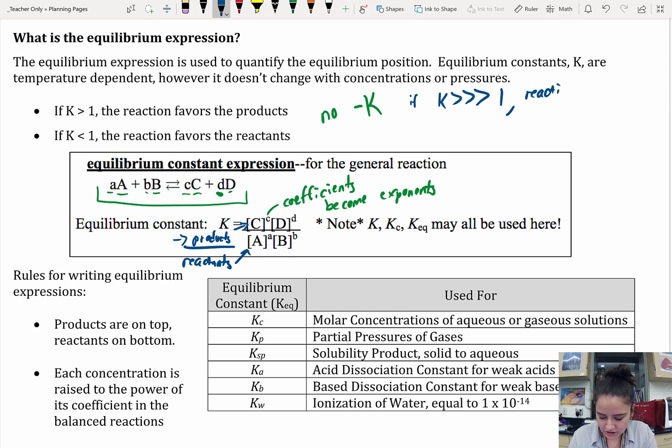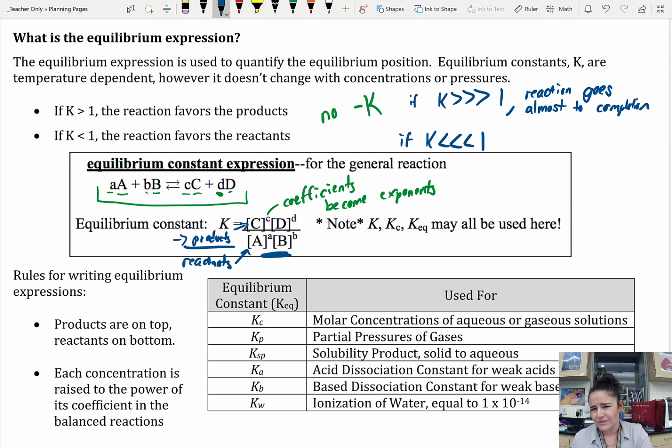The reaction goes almost to completion, meaning there's going to be very little amount of reactants at equilibrium. Whereas if K is much, much less than 1, that means things stay mostly as reactants. They don't really form into products. That means the reaction barely happens. Maybe it happens a little bit, but there's not going to be too much there.